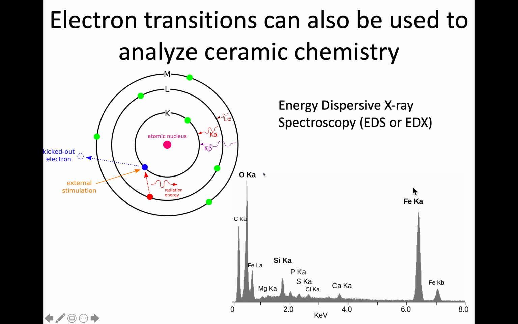So we have iron in the sample because we can witness the energy of the X-ray of an electron going from one position to the next in iron. It's going to have a very specific value going from this orbital to the next orbital. Same thing with any of the other elements. And so this is used in analyzing the chemistry of ceramics.